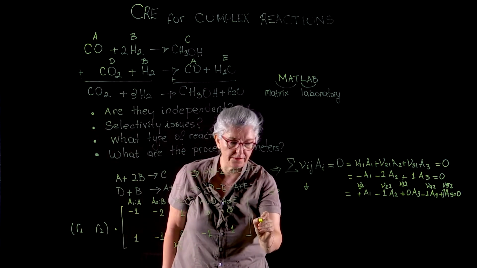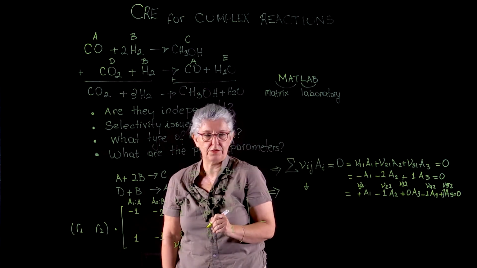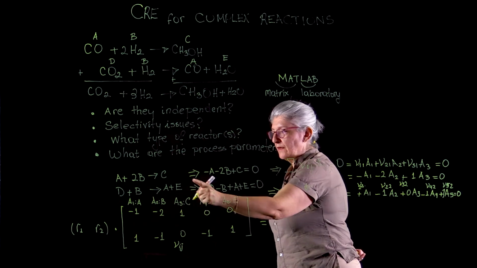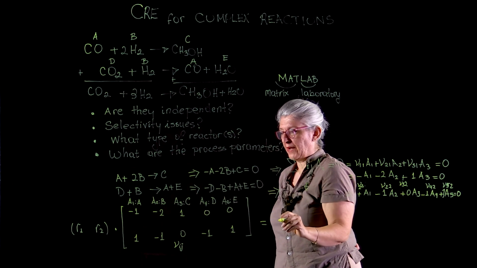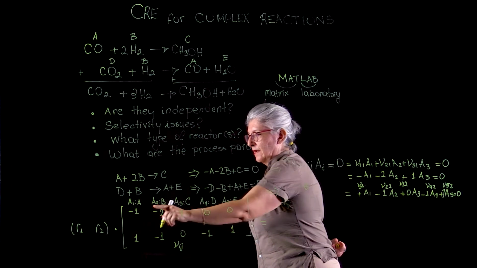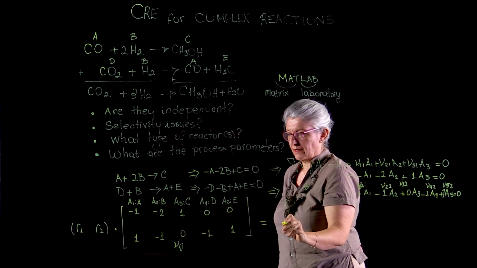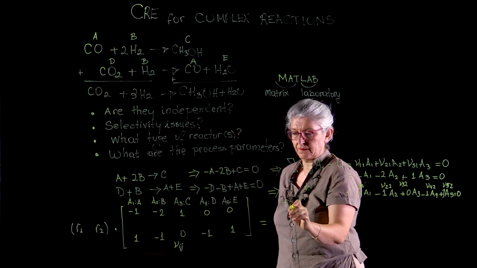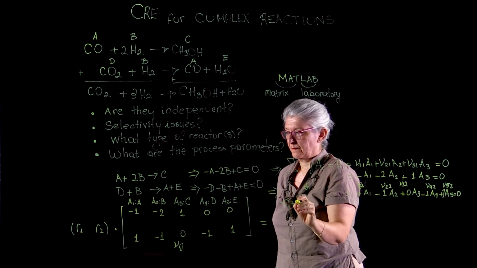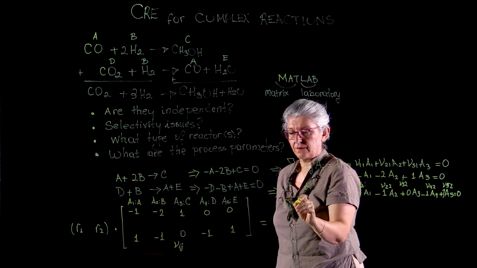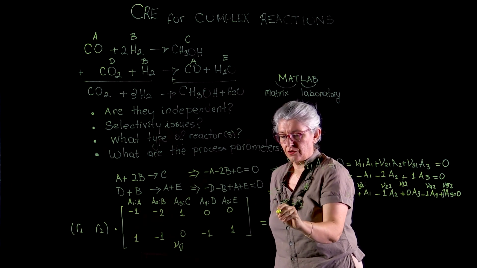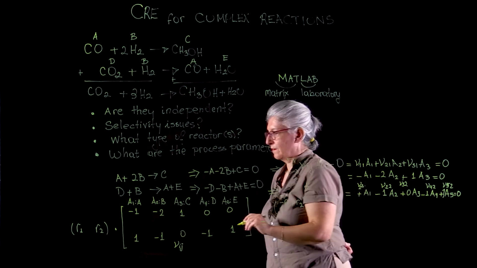I will derive the first component. R1 multiplied by -1 minus R1, R2 multiplied by 1 plus R2. This is my first term.